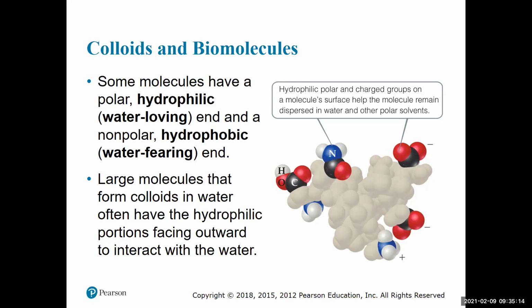You can almost think of it as if you've got two people arguing and you need someone who's a peacemaker in the middle, because the two can't really talk to each other. They're too upset. But this molecule in between can talk to each of them at the same time and smooth things over so everything stays together. So colloids are really important in serving as these bridging molecules.